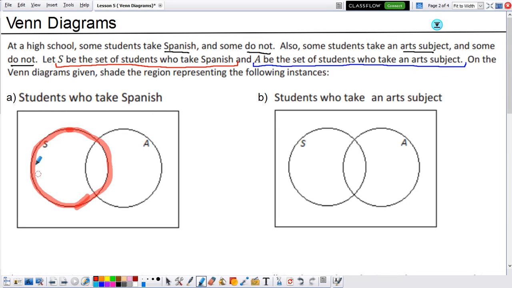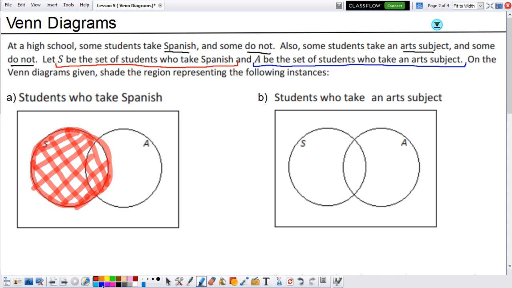So this is a circle that talks about those students who take Spanish. Right now, at least in scenario A, we're just concerned with those who take Spanish. So that means that we're going to be shading the region for those students who just take Spanish. So we're just going to circle and shade the circle that talks about Spanish. This is pretty much it.